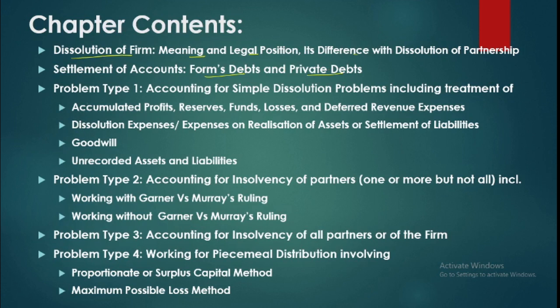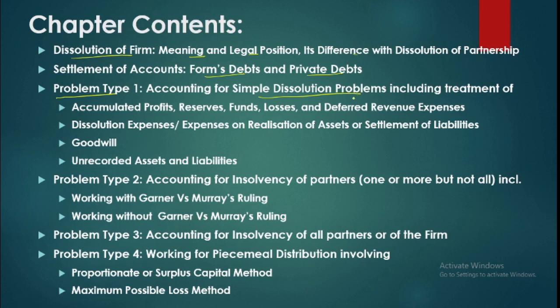Your numerical problems are of four types. First type is simple dissolution problems, the ones that you have studied in 12th standard also. The firm has some assets and liabilities, so you sell off all the assets: sale of building, land, furniture, plant and machinery.